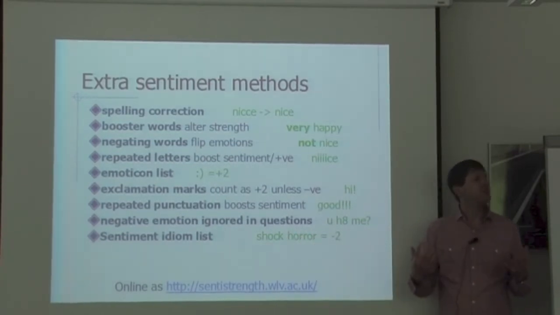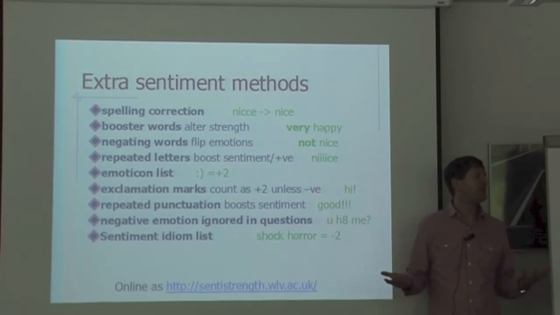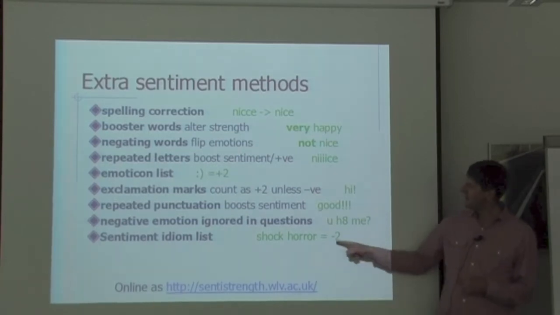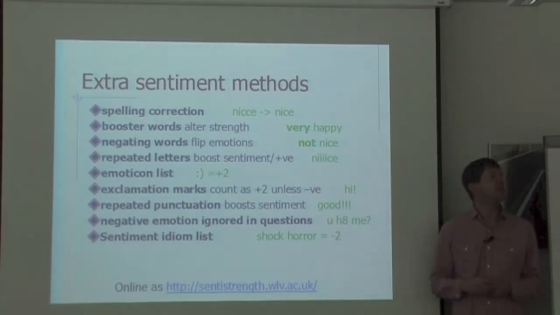But the expression "shock horror" in English means "I am mildly surprised." So it's like a sarcastic expression, and it gets an idiom score of -2. We have a list of phrases like this where the phrase itself means something different from the individual words.